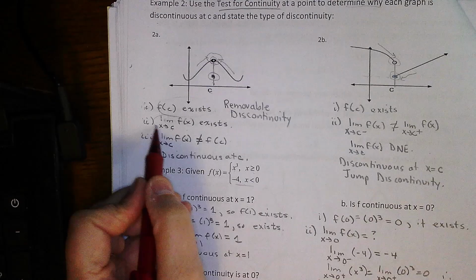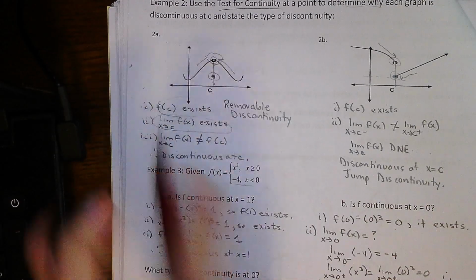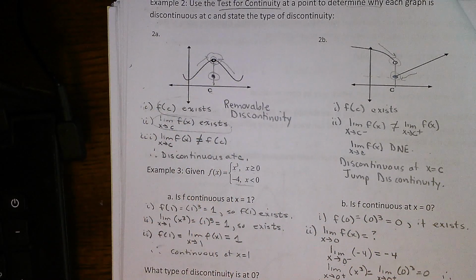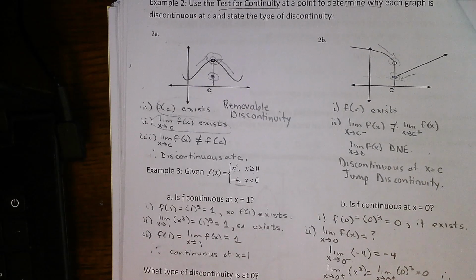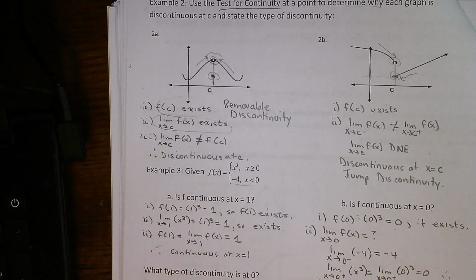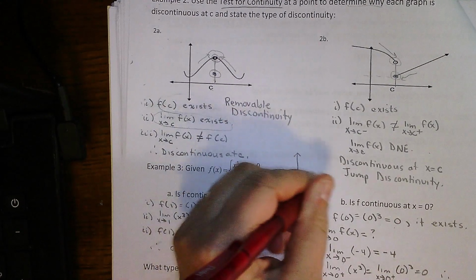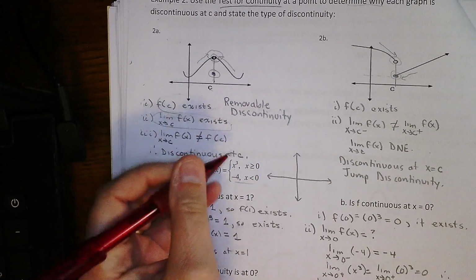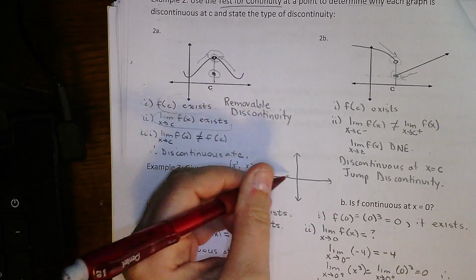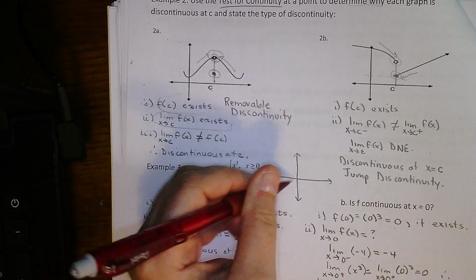If the limit of f of x exists, then chances are you're going to have a removable discontinuity, but we'll talk more about it. Let's graph this and see what's happening here. So if I graph this from the 0 to the right, it looks like this cubic polynomial.